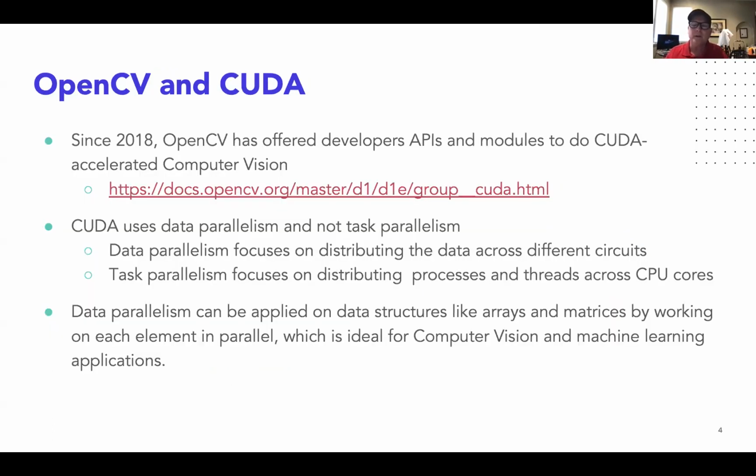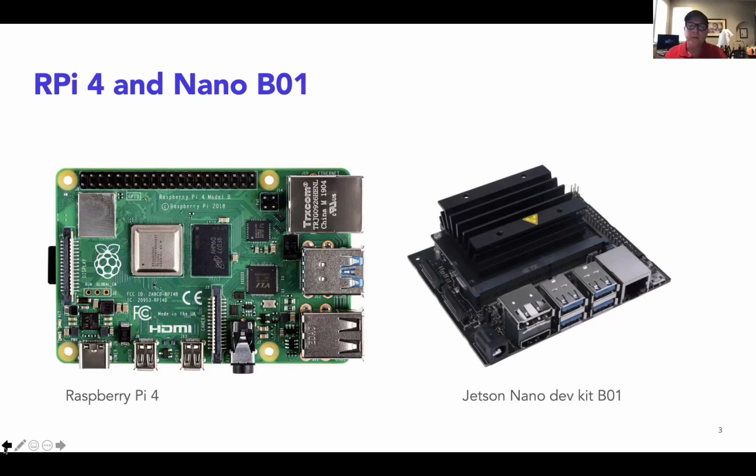On the right side, we have the Jetson Nano and the B01 developer kit here. Now, the Jetson has the exact same specs as the Raspberry Pi 4. So it's got 4 gigs of memory. It's got the 1.5 gigahertz 4-core system, but it also has a GPU that allows you to execute either computer vision algorithms or machine learning algorithms on.